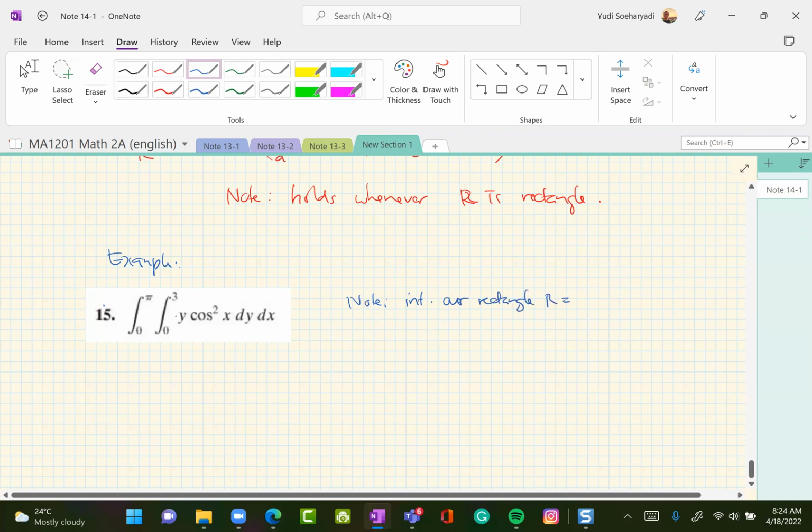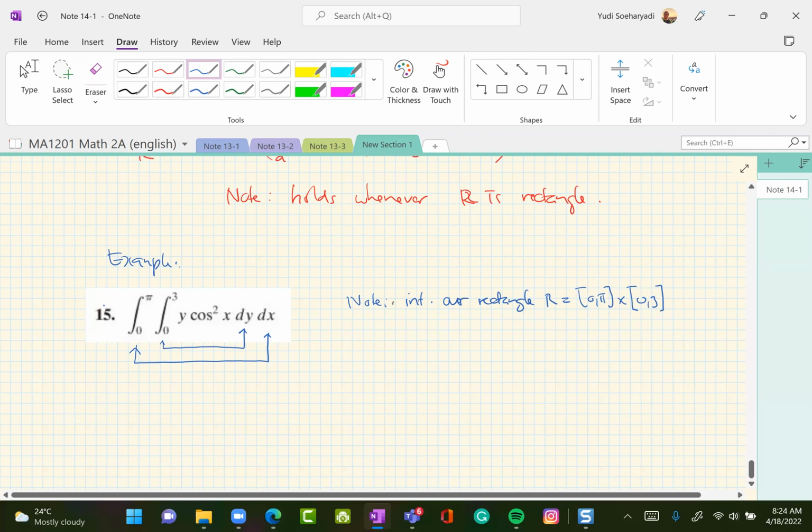What is R? X is between 0 and pi, and Y from 0 to 3.